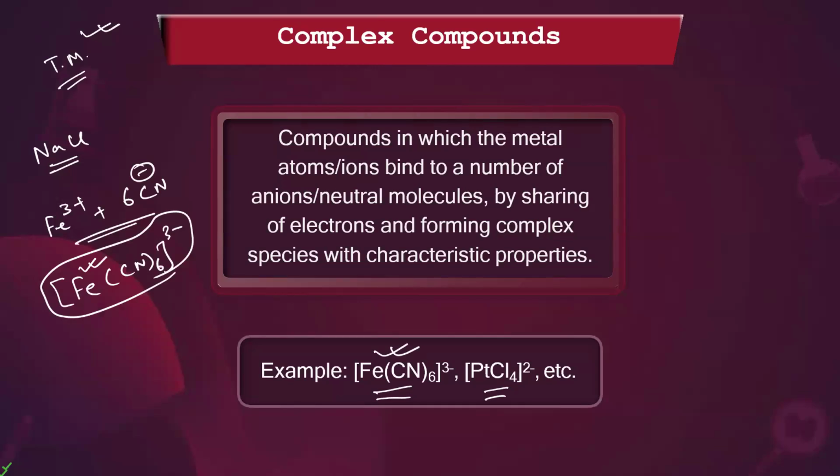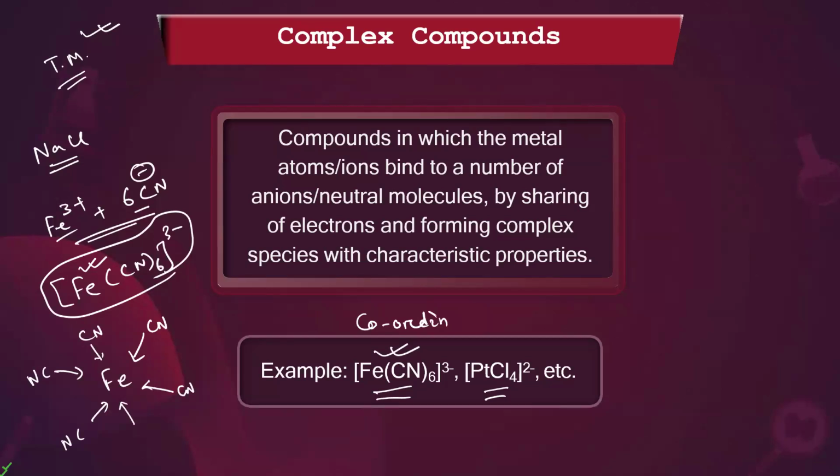Other metals easily do not show coordination complexes. These are called coordination complexes because between Fe and CN there will be coordinate bonds. 6 coordinate bonds will be like this.